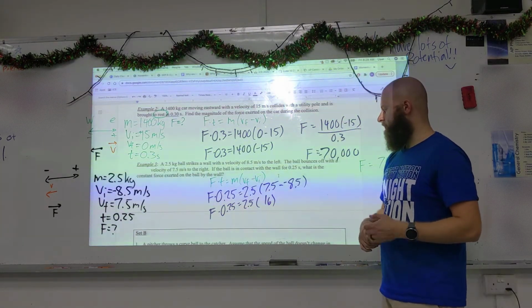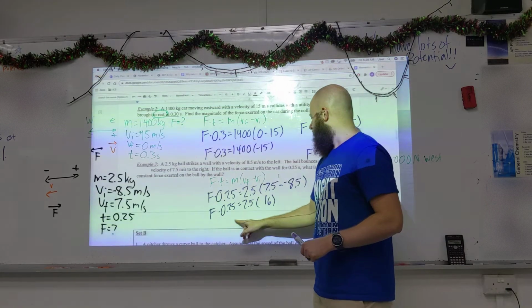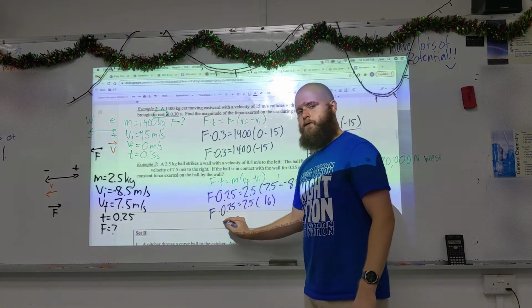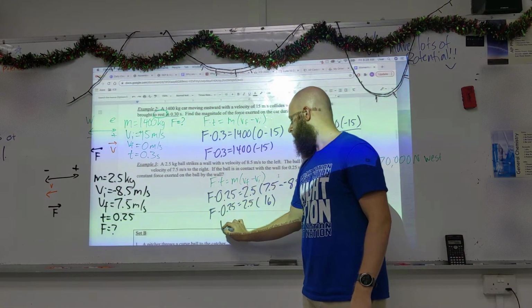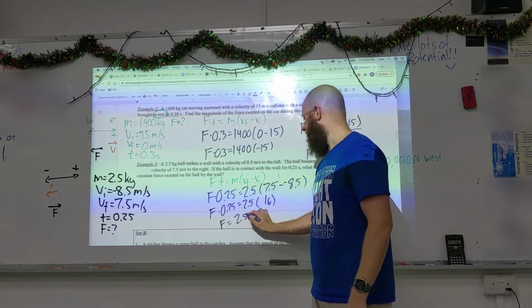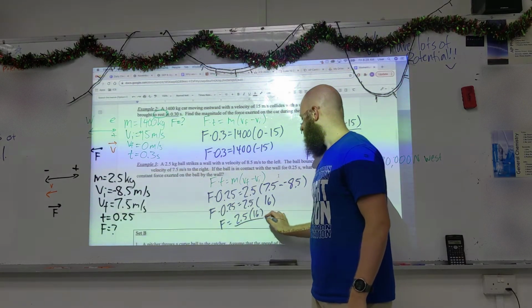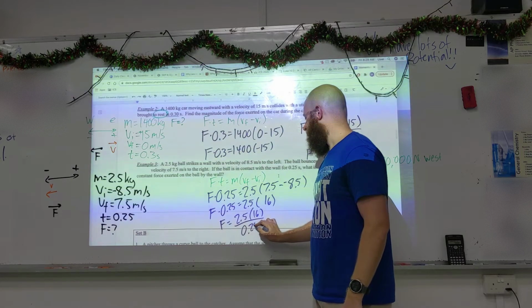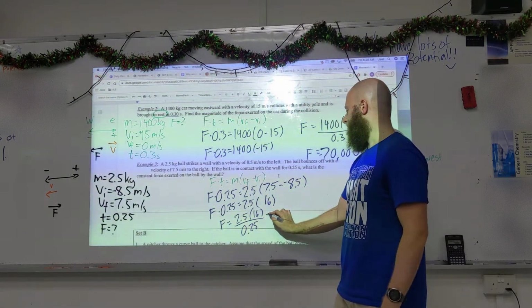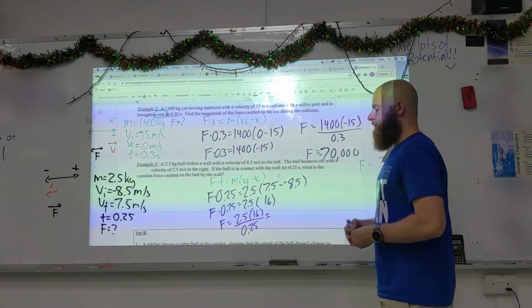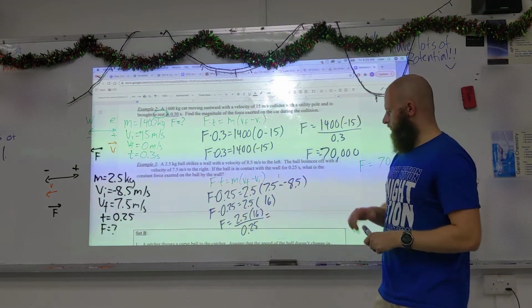Okay? So, to solve for this, I just need to do F equals 2.5 times 16, divided by 0.25. Okay? Now I'm going to see if I can do this in my head. Give me 1 second here.